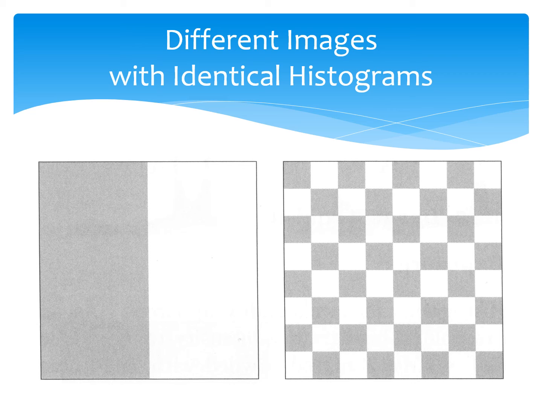The only difference is that the location of the gray pixels and the white pixels are quite different. Basically, the histogram will be used to describe the distribution of pixel intensity level. However, it does not fully describe the location of the pixel intensity level.